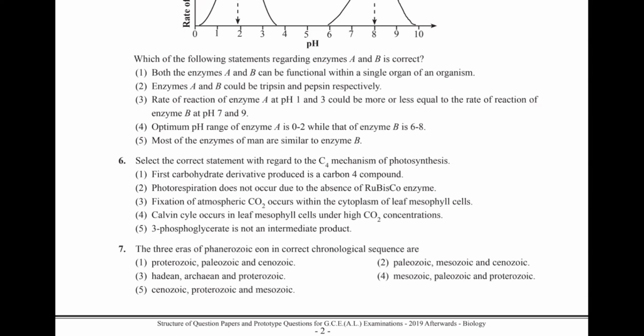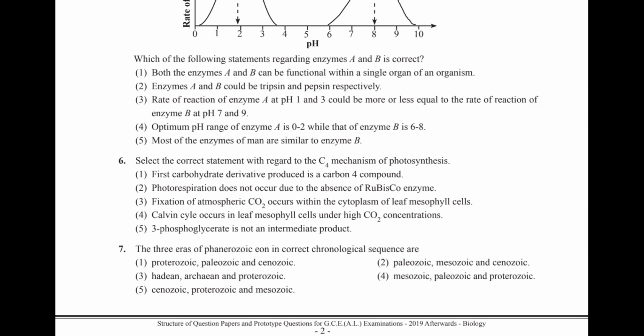Fixation of atmospheric carbon dioxide, that is where the Calvin cycle happens. So the Calvin cycle takes place in the bundle sheath cell, not in the mesophyll cells.